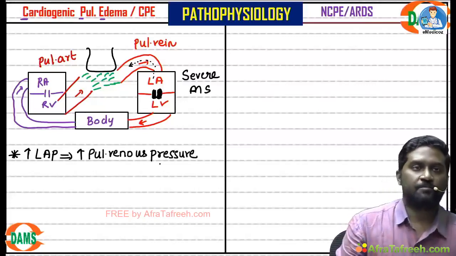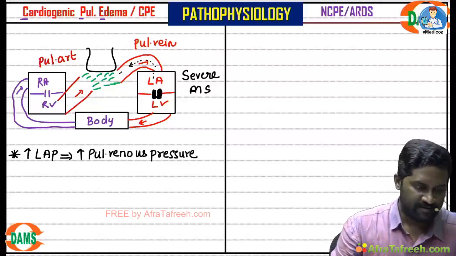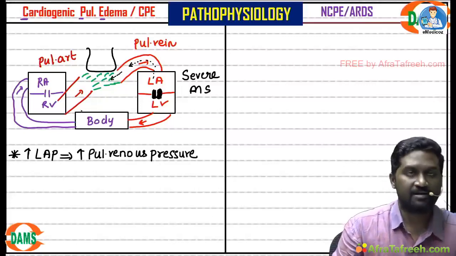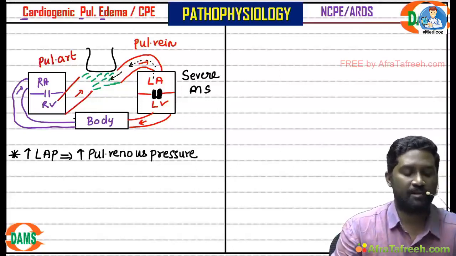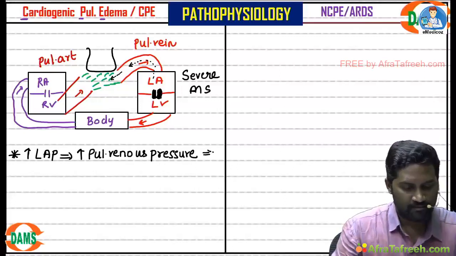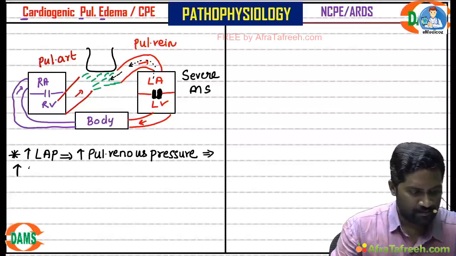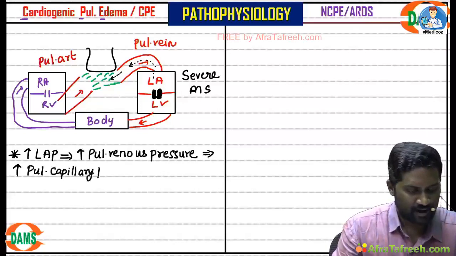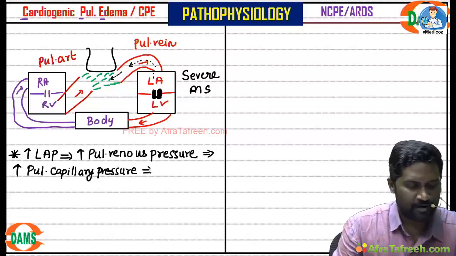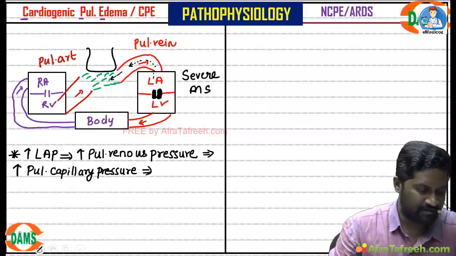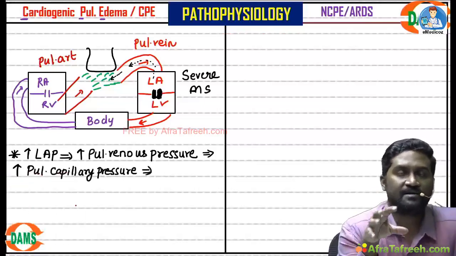Now from the pulmonary veins, this pressure can be transmitted to the next contiguous structure, the pulmonary capillaries. There will be increased pulmonary capillary pressure. Now for development of edema anywhere, students, what are the pressures that can be altered?